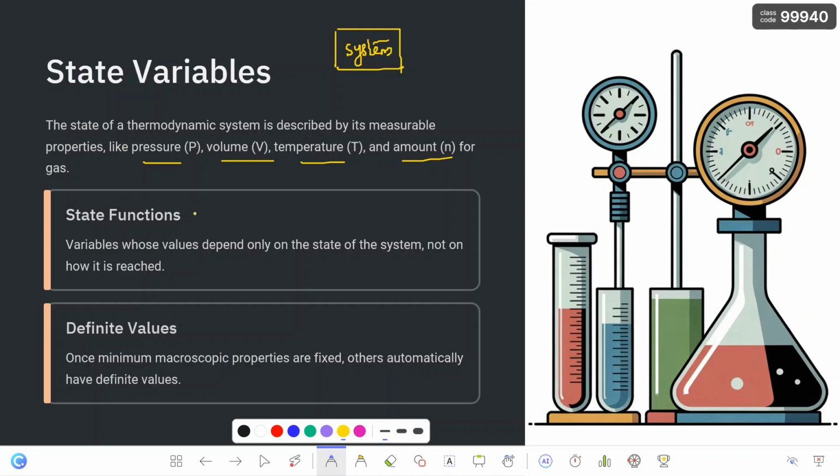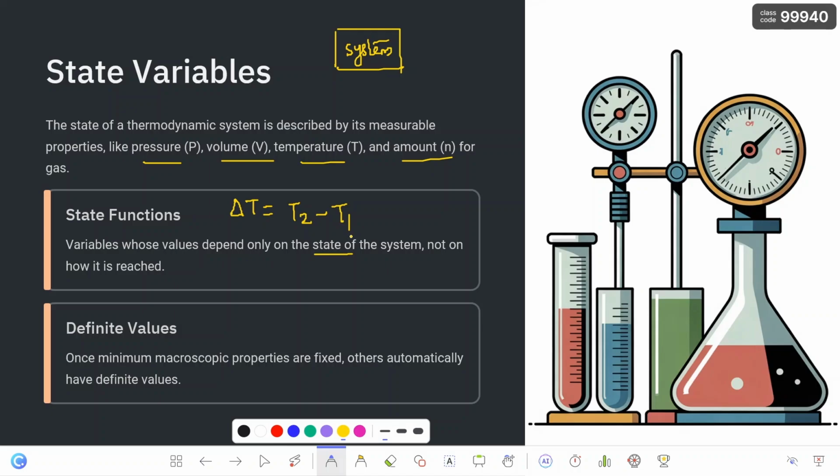Then one is state function. In this case, these are variables whose values depend only on the initial and final state. The value only depends on the state of the system, not on how it reached there. For example, if we are changing the temperature from T1 to T2, and we want to calculate the difference in temperature, we just take the subtraction T2 minus T1.